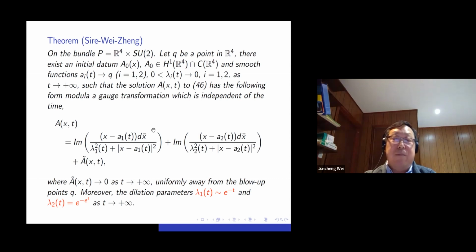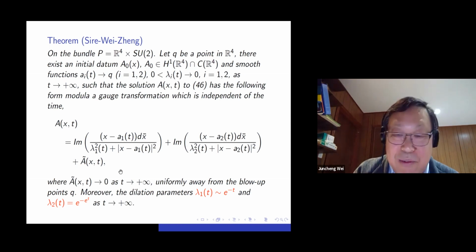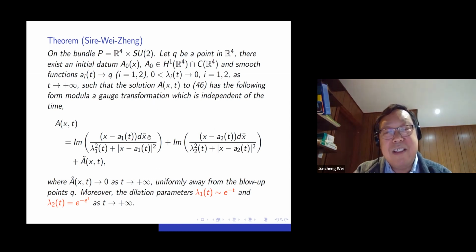We just did 2 bubbles, but you can generalize to arbitrary bubbles. But then for arbitrary number of bubbles, you're going to get triple exponentials, and these are too complicated. So this will be the first bubble tower, the existence of a bubble tower for the Yang-Mills, even in the SO4 equivariant case.